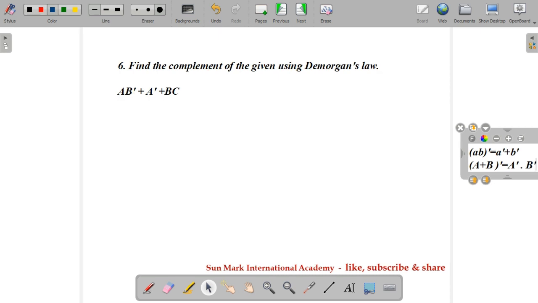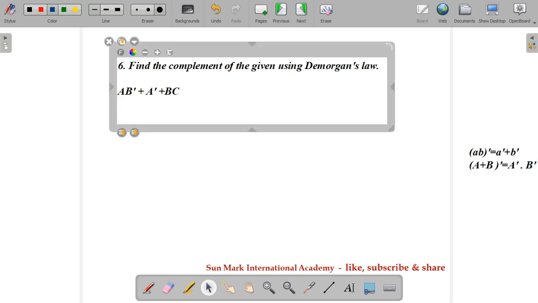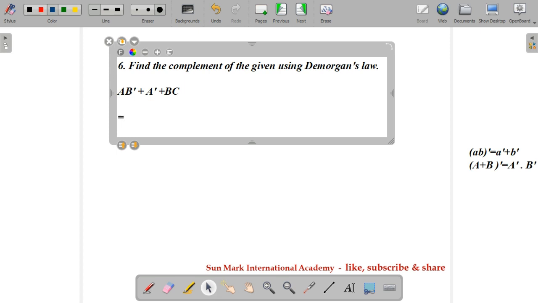These are the two laws. So here we are using De Morgan's law to find the complement. So (AB dash plus A dash plus BC) the whole dash.